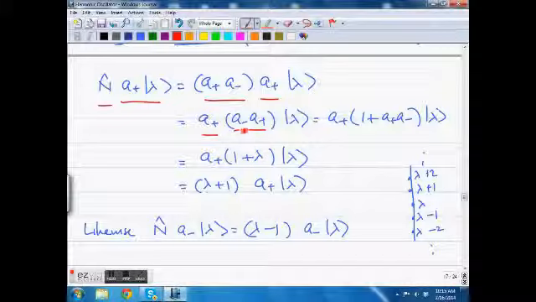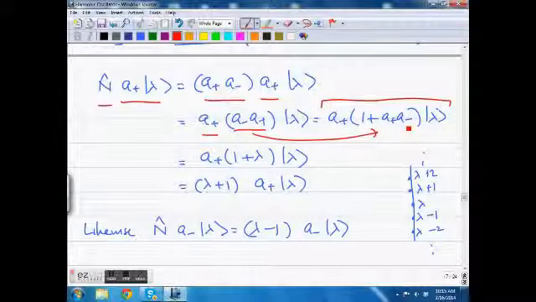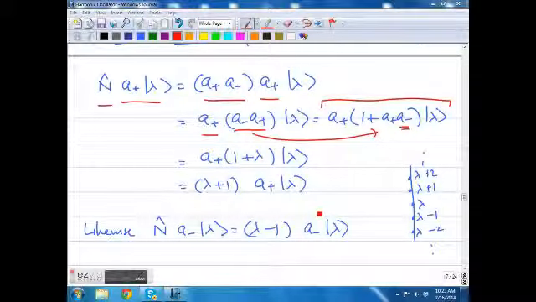Now, the a minus a plus product can be transformed via the commutation relation to 1 plus a plus a minus. I can shuffle that order. So, in other words, move one past the other, but in the process I pick up a constant. And so I end up with what I have here, which is a plus acting on 1 plus a minus acting on lambda. Now, a plus a minus is just a number operator.